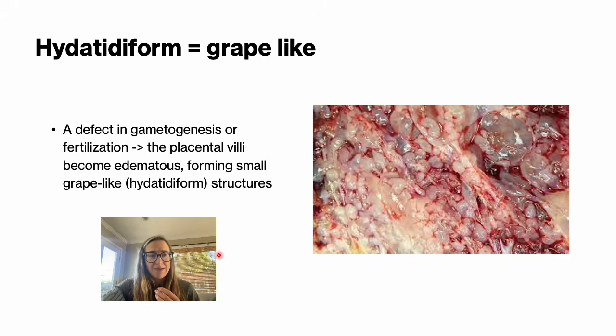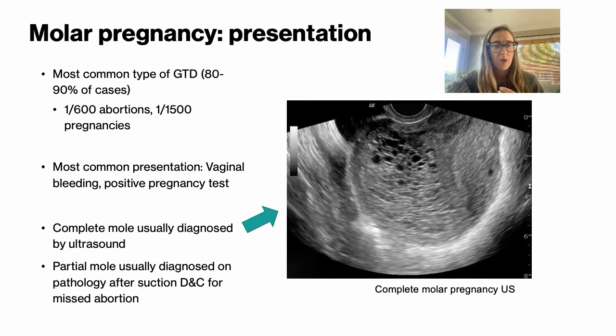And so hydatidiform means grape-like, and it's a defect in fertilization, and the placental villi become edematous, and they form these grape-like structures, like this picture here. So oftentimes GTD can present as a molar pregnancy. This usually is picked up, imagine someone going to the emergency room with vaginal bleeding and a positive pregnancy test, and so they get an ultrasound and it can show something like this.